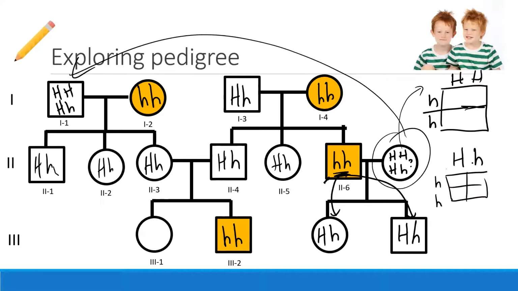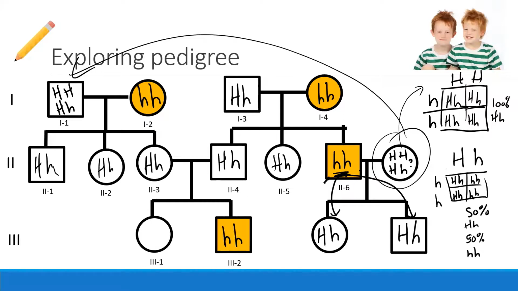If we look at the scenario at the top, then all of their children are going to be Hh, 100%. Whereas if we had this situation, 50% would be Hh, and 50% would be hh.